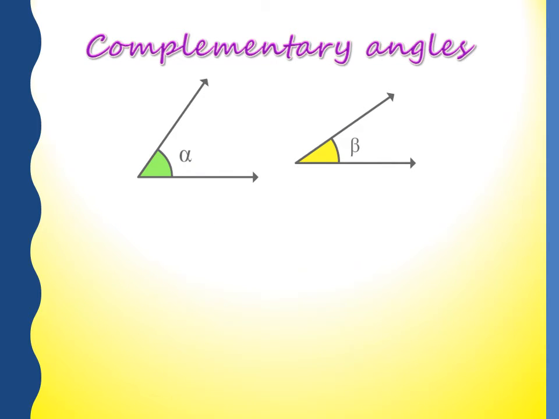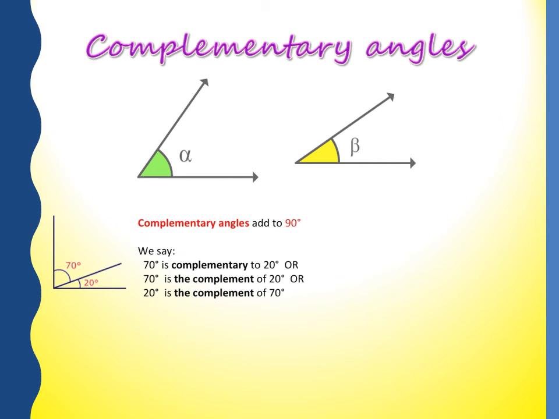Now middle one, let's recognize the meaning of complementary angles. Complementary angles are angles whose sum is 90 degrees. The sum of the measures of these two angles equals 90 degrees, like these two adjacent angles.